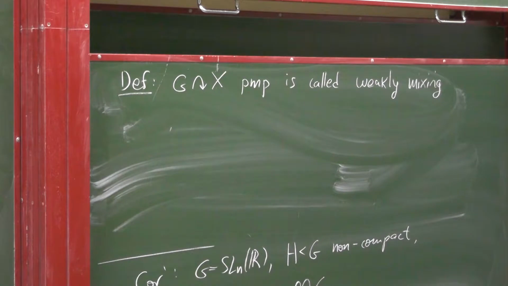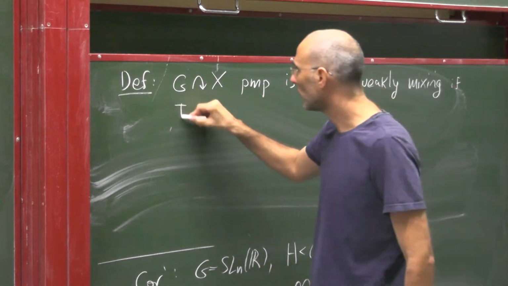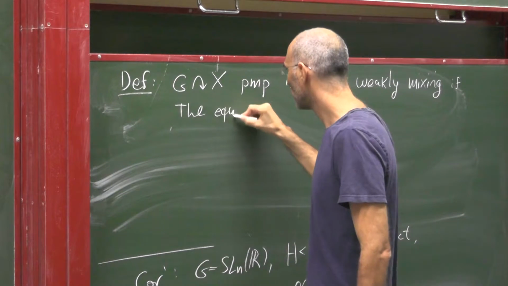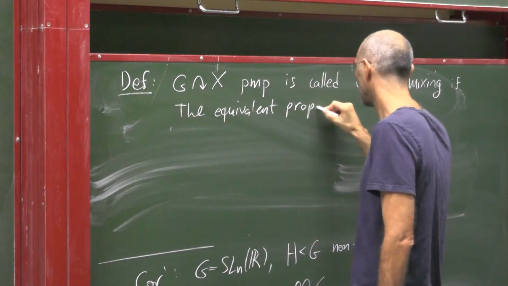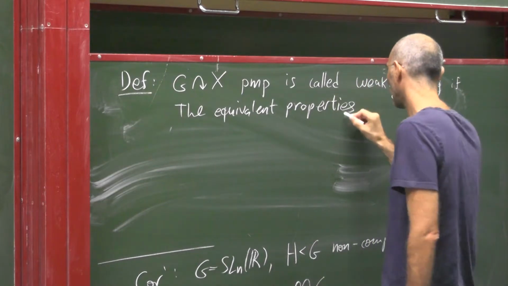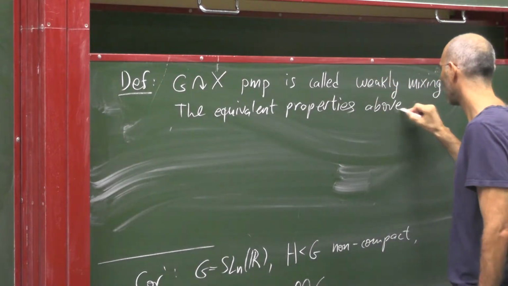I will not write it down, maybe it will appear in the exercise sheet. It is called weakly mixing if the equivalent properties above are satisfied.